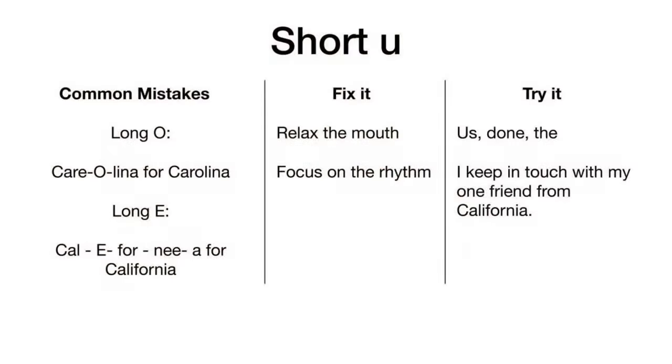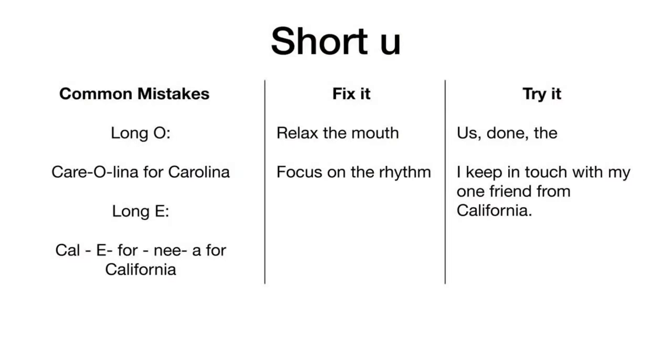Learning the sound and using it more is really going to help with your rhythm, because if you say Carolina instead of Carolina, your rhythm is different. Same thing if you say California, you're adding a syllable and you're making some of those sounds longer instead of saying California. Okay, so let's look at how do we fix it.